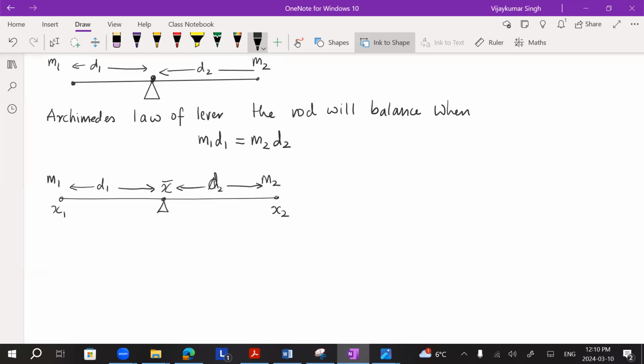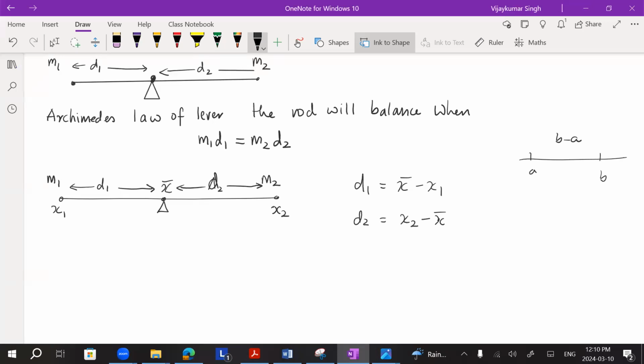Now, what is d1? d1 is going to be x bar minus x1, right? Distance between A and B is B minus A. Similarly, d2 is going to be x2 minus x bar.